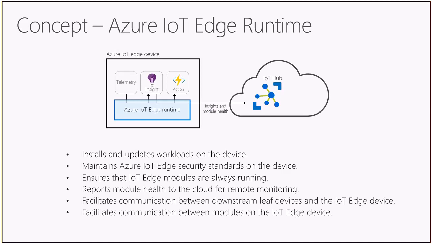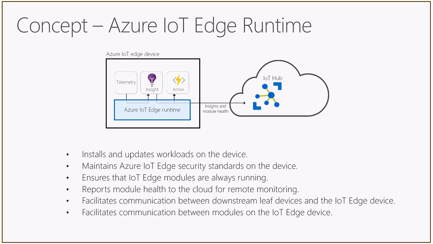And also, the runtime helps you facilitate communication between the modules. So that's where the Edge hub comes into the picture. The Edge hub helps you with how these modules communicate between each other. What you can do is create a pipeline. Let's say there are 3 modules sitting on the runtime and all 3 have to communicate in sequence.